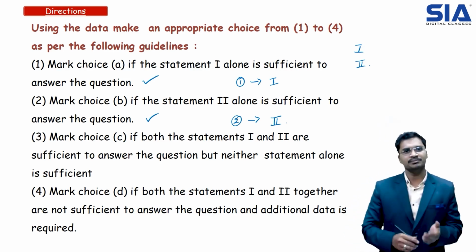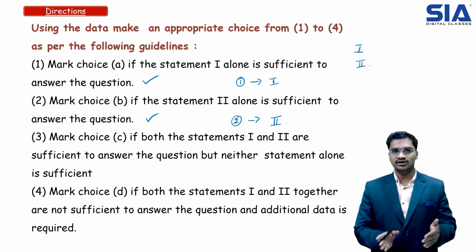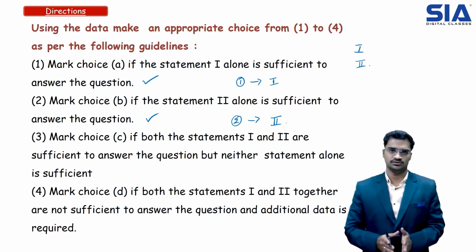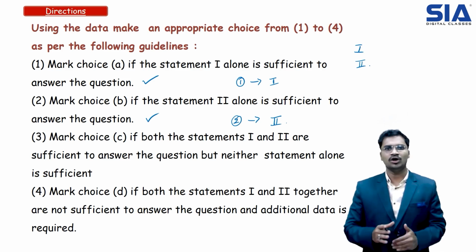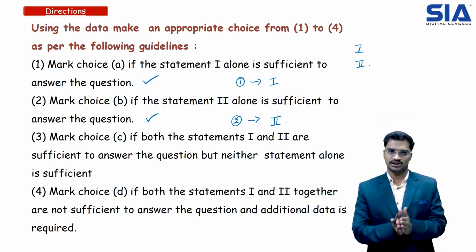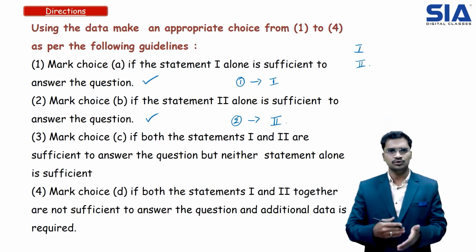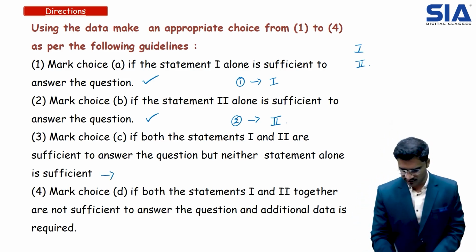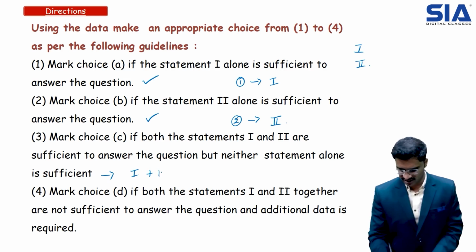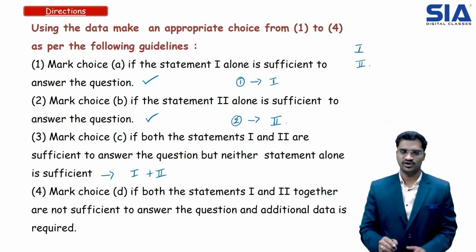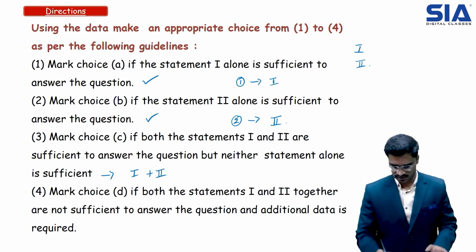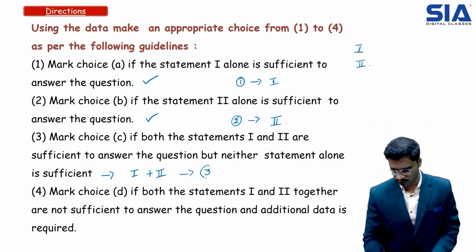In some cases, statement 1 individually and statement 2 individually will not give the answer. In that situation, we combine both of these statements. When we combine statement 1 and statement 2 and get our answer, we mark option 3.